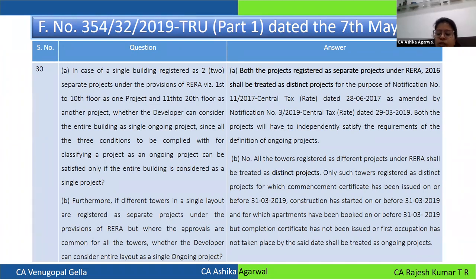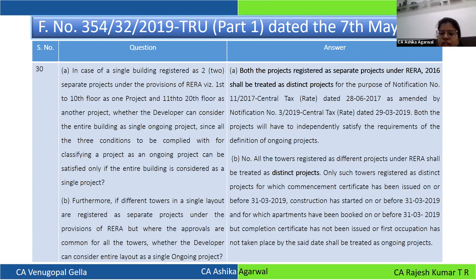Now to that they have replied that both projects registered as separate projects under RERA shall be treated as distinct projects for the purpose of notification 11 as amended by notification 3. So the way the registration is taken under RERA, the same way it will be considered under GST.